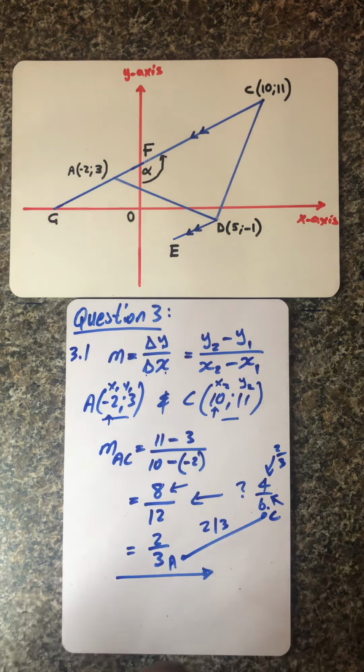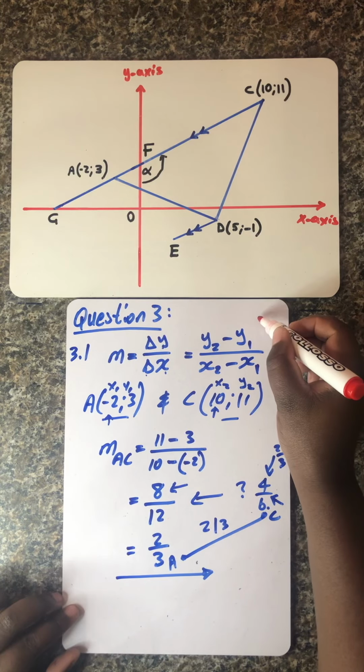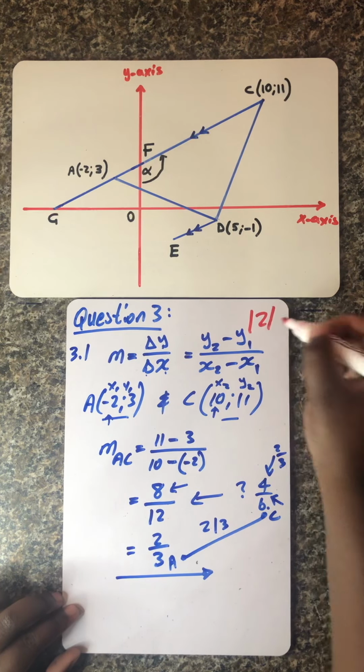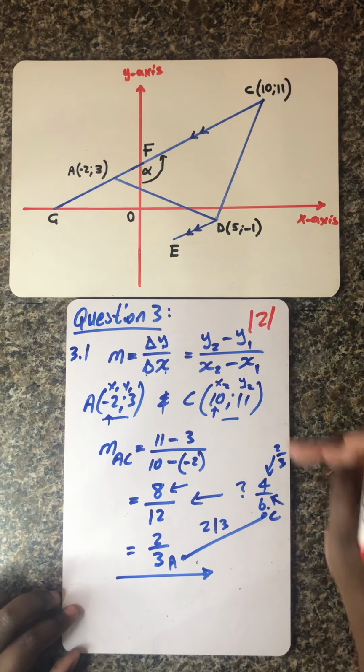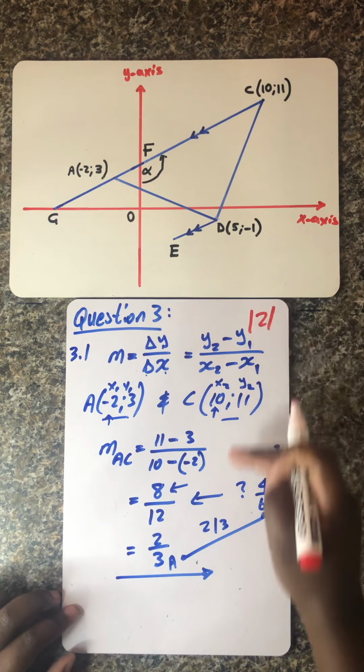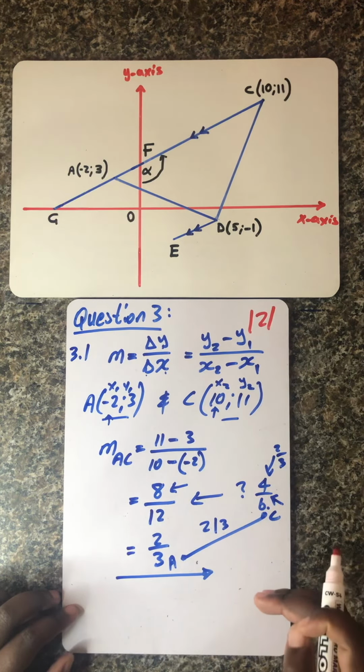Okay, very, very much important, ladies and gentlemen. So now can we try to mark this question? Remember, ladies and gentlemen, I've just indicated that this question is allocated 2 marks. Okay, so it doesn't necessarily mean that you have to go through all of these steps and again spend this much time that I've spent on this question.